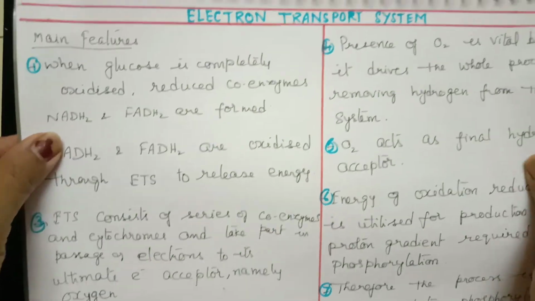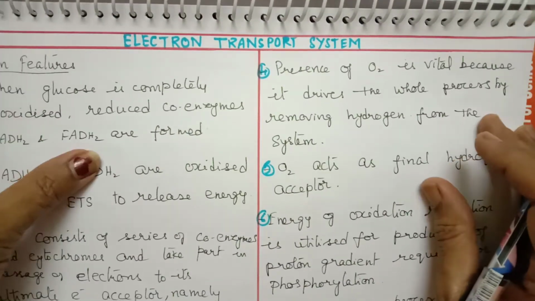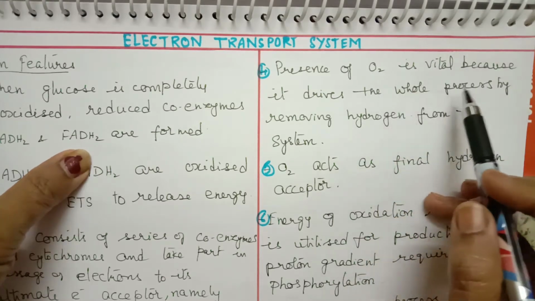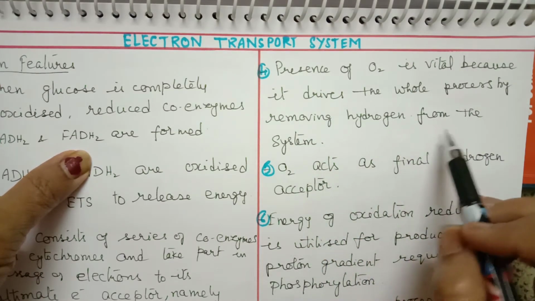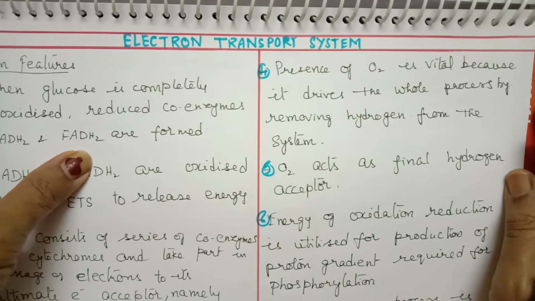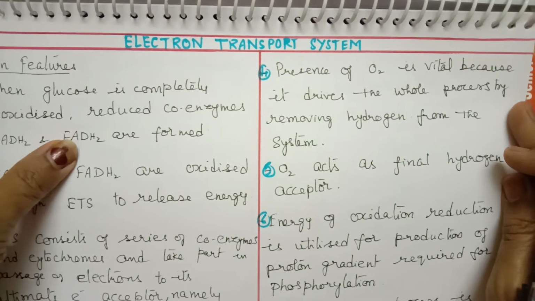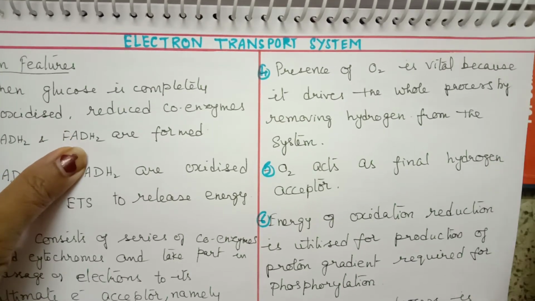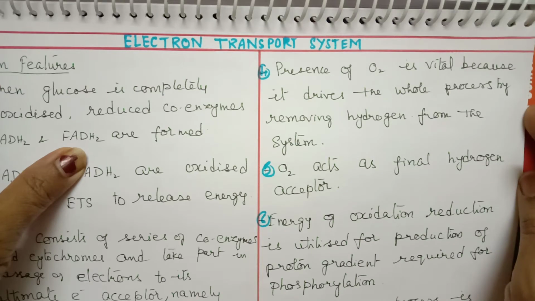Now if we take oxygen, how is it very important in this process? The presence of oxygen is vital because it drives the whole process by removing hydrogen from the system. When it is accepting electrons, simultaneously it also removes hydrogen. It also brings about transport of hydrogen.